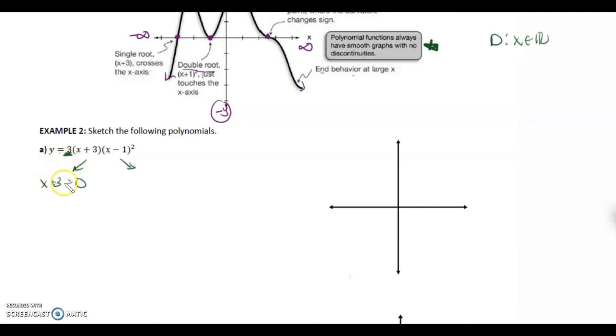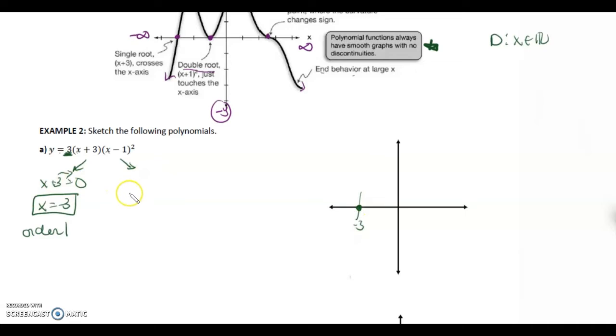Let's solve for x plus 3 equals 0. So there's going to be a root of x equals negative 3, and this is going to be order 1. So let's go here. We'll call this negative 3. Order 1 means it's going to go through.